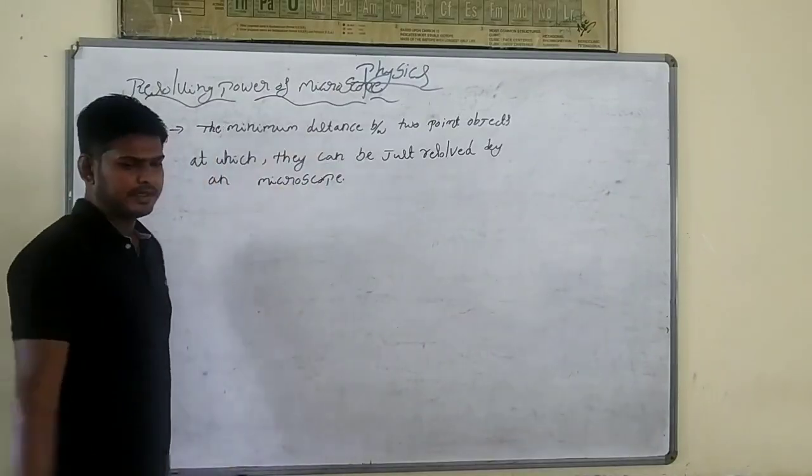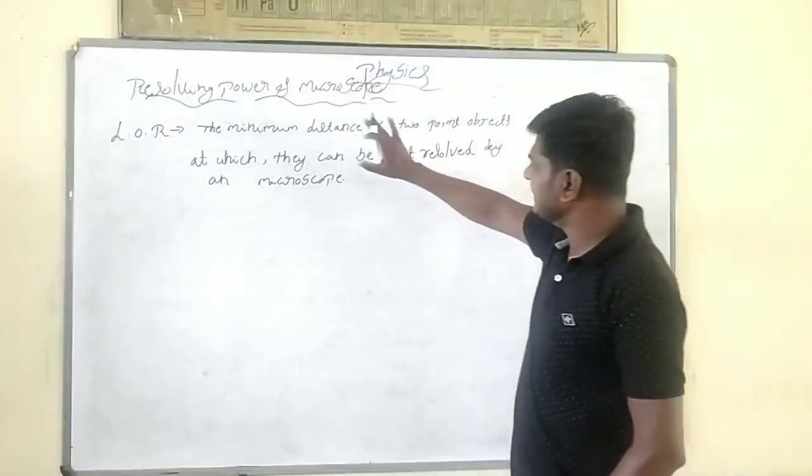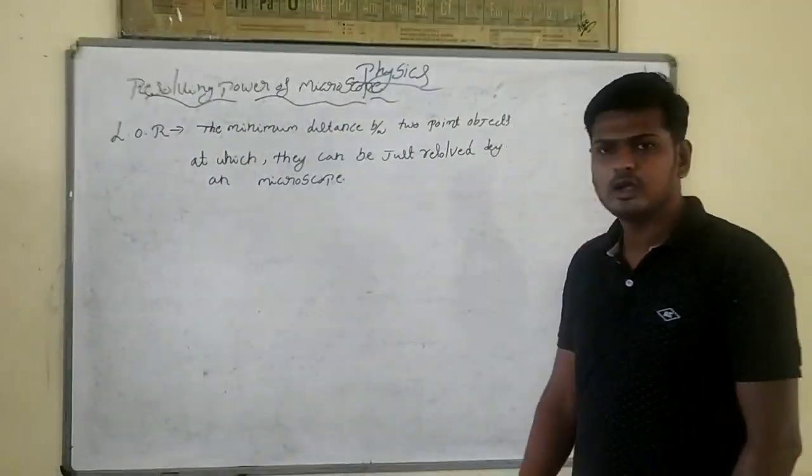So here, this is the minimum distance between the 2 closely lying point objects.